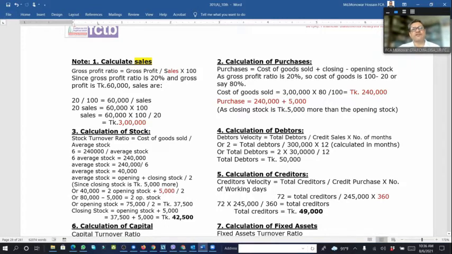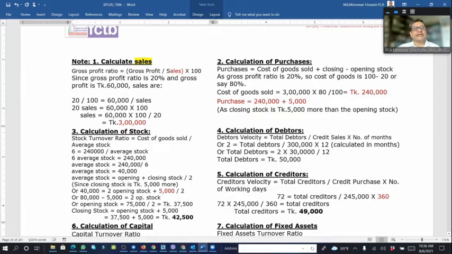Gross profit divided by sale multiplied by 100 gives the gross profit ratio. So here, since the gross profit ratio is 20% as said in the question, and the gross profit is 60,000, what would be the sale?